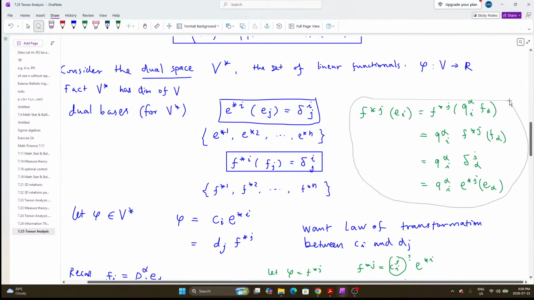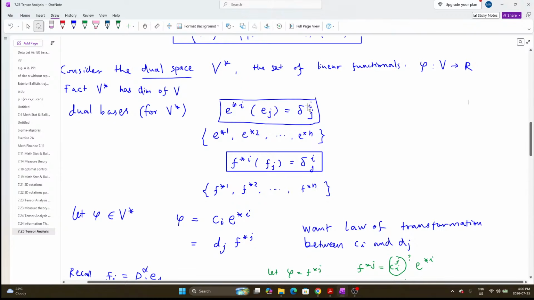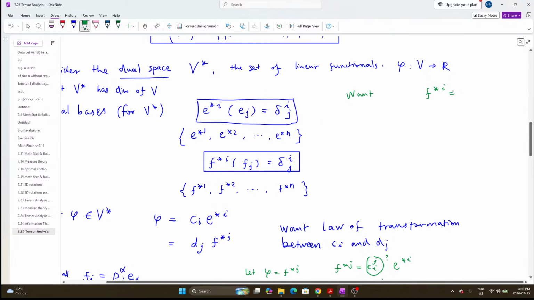Okay, so here we want the relation. You want to have f star i be some coefficient C, I'll add the indices later, acting on e star j.